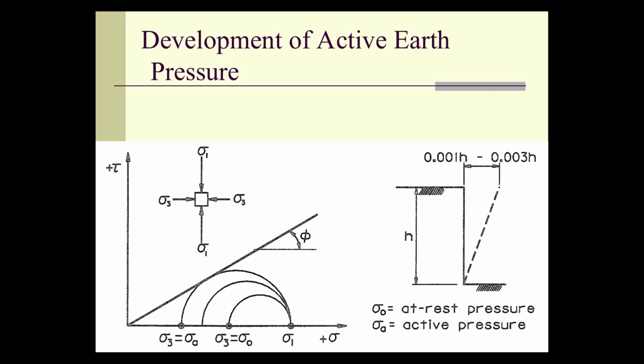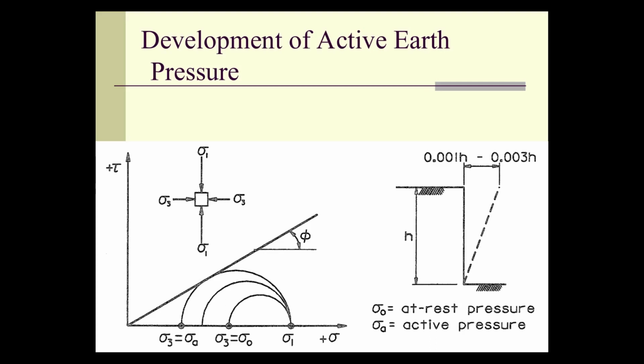What you're looking at over there is basically the y over h ratio, the 0.001 and so on, the y over h ratio we looked at earlier. You can use that to estimate, somewhere in that range of wall deflection at the top, we achieve full active earth pressure. Basically what happens is the wall runs away and the confining pressure drops, and it drops to the point where we get failure in the soil.